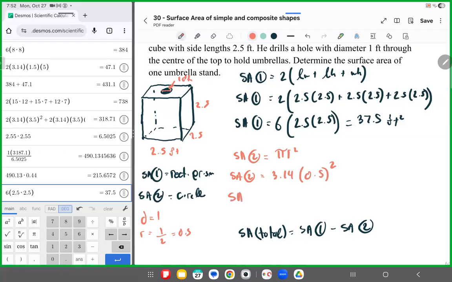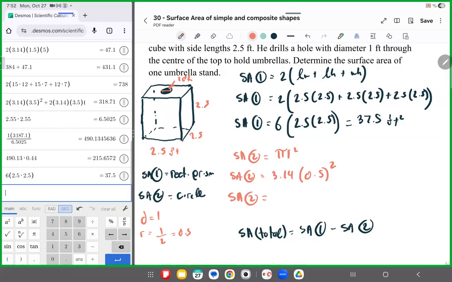So that surface area will be equal to, and on our calculator, we can type 3.14 multiplied by 0.5 squared, 0.785, which will round to 0.79. And so we just got to subtract these.